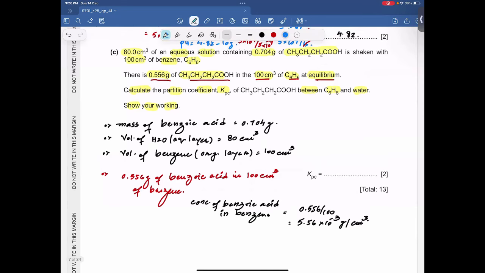So we had this much amount of mass from which we have extracted 0.556 gram in benzene. So if I subtract these two values, I'll get the amount of benzoic acid which was dissolved in water. So let me take out that value.